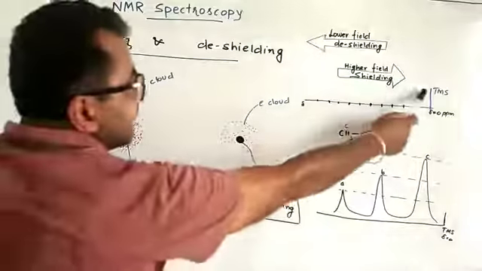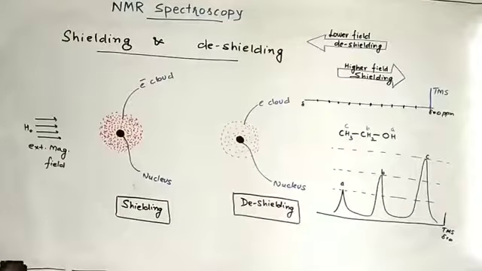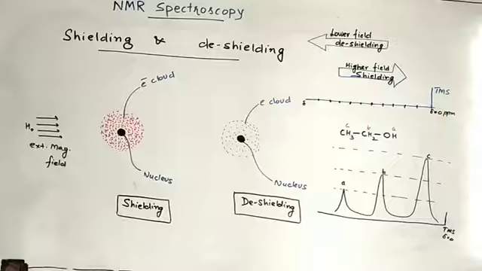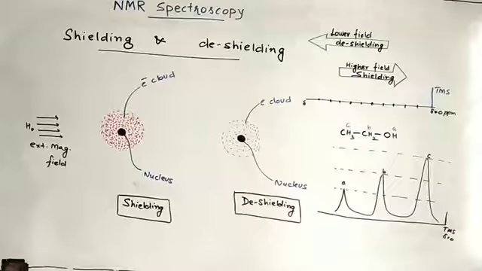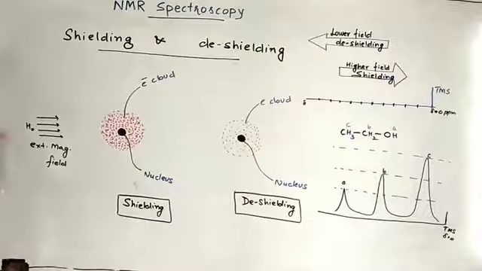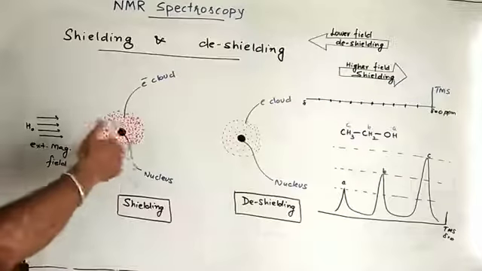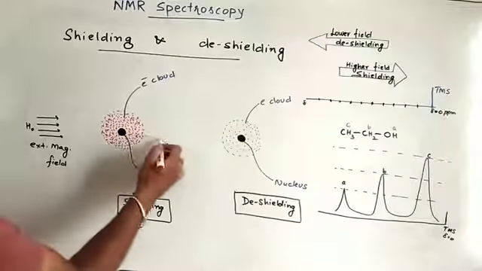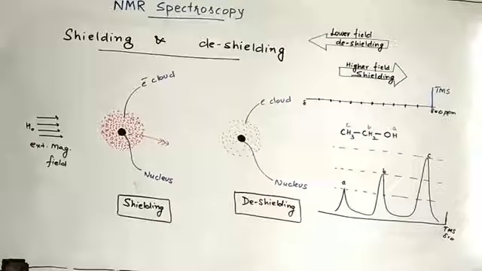Shielding is on this side, towards TMS. Why do we require a strong external magnetic field? Because electron density is more around the nucleus, around the proton, and these electrons have their own magnetic field, so they shield the nucleus from the external magnetic field. So to make that proton in the nucleus come into resonance, we must apply a stronger magnetic field, because there is an opposing tendency. But if the electron density is less, because by some way we withdraw these electrons away from it, then the electron density decreases.